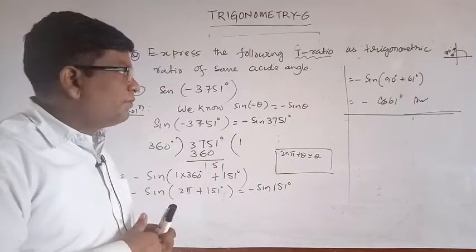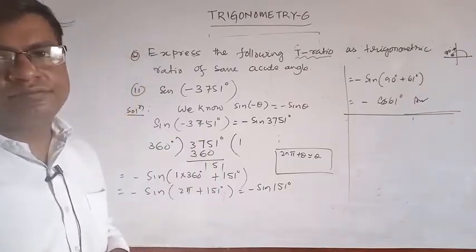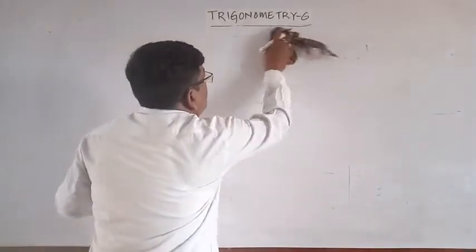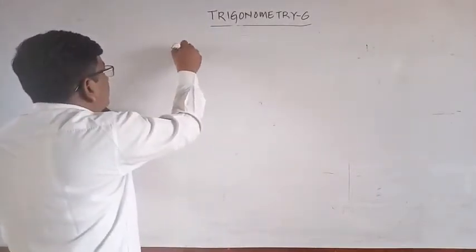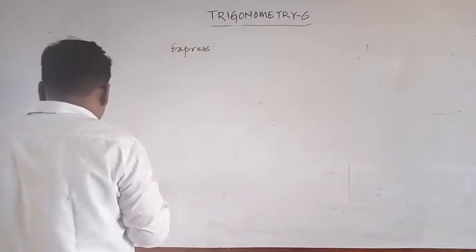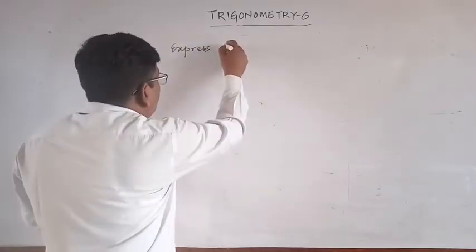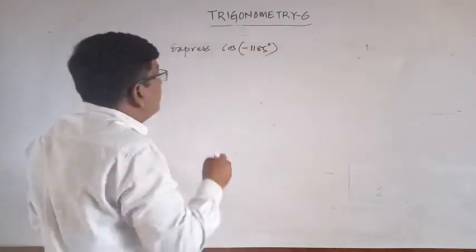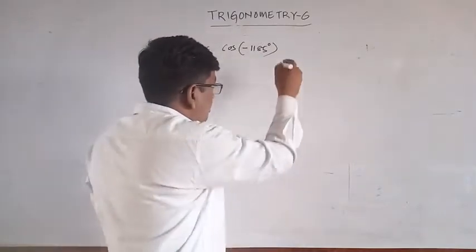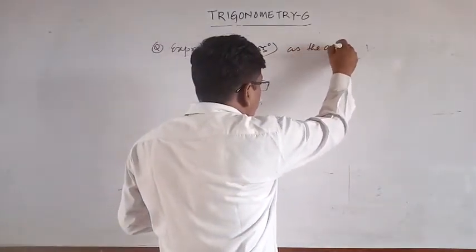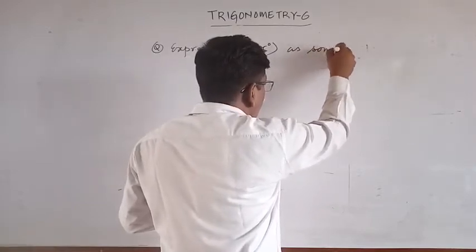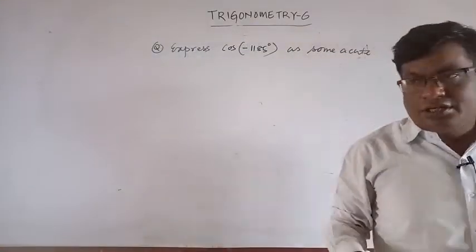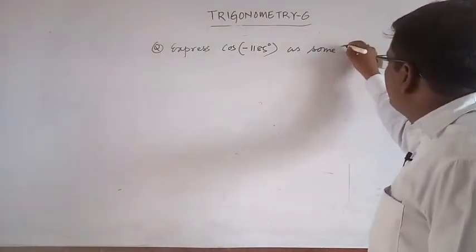Okay. Some more problems related to this. Now one question: express cos of minus 1185 degree as some acute trigonometric ratio of some acute angle.